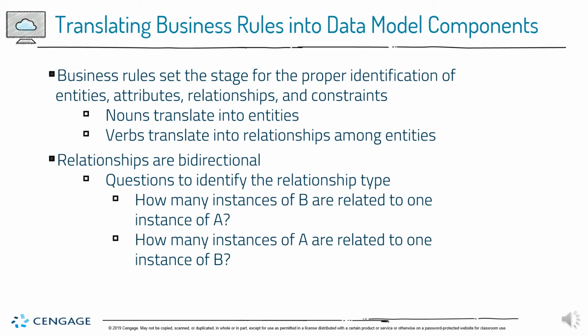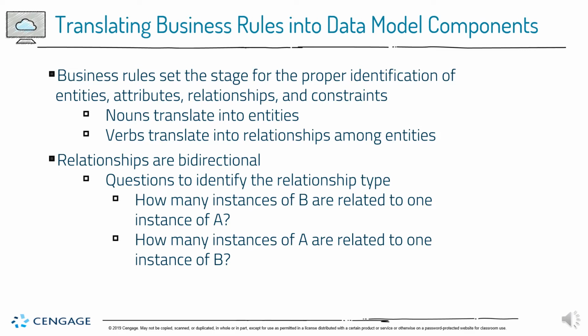To properly identify the type of relationship, you should consider that relationships are bidirectional. That is, they go both ways. For example, the business rule, "a customer may generate many invoices," is complemented by the business rule, "an invoice is generated by only one customer."